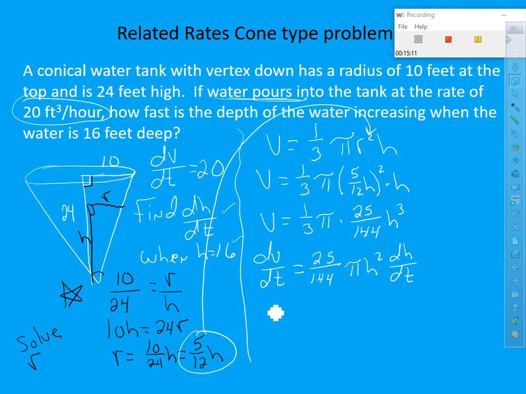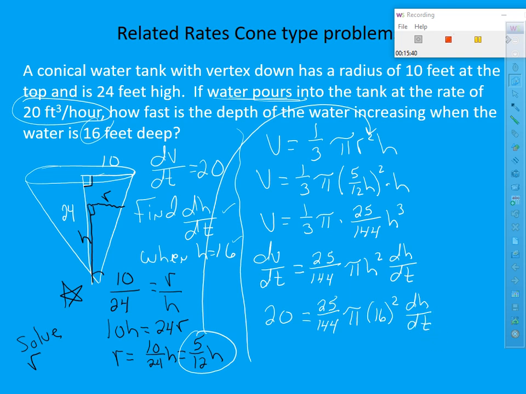I know that dV/dt is 20. I've got a 25 over 144, there's a pi. We're hollering stop. We're taking a picture of this when h is 16. So I've got 16 squared. And we're solving for dh/dt.